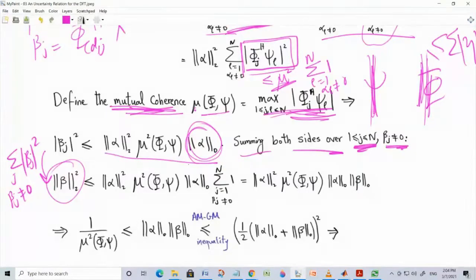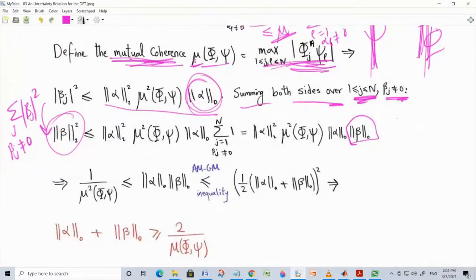The right-hand side is not a function of j, and this is one benefit of upper bounding these inner products by the mutual coherence. Because the right-hand side is not a function of j, when it is summed it gives you the number of elements in beta that are non-zero.